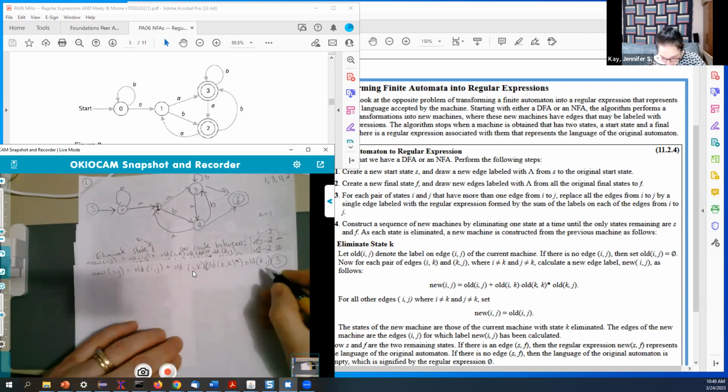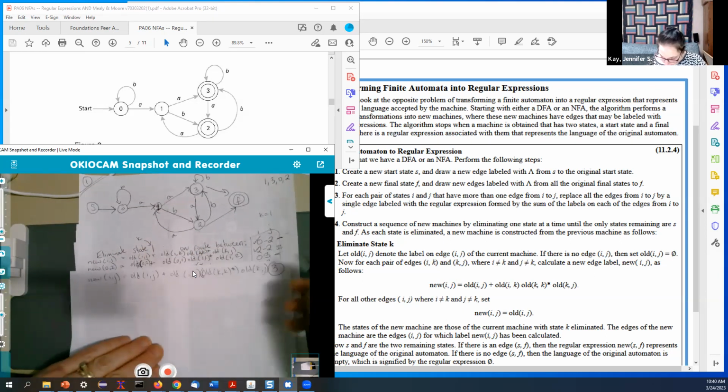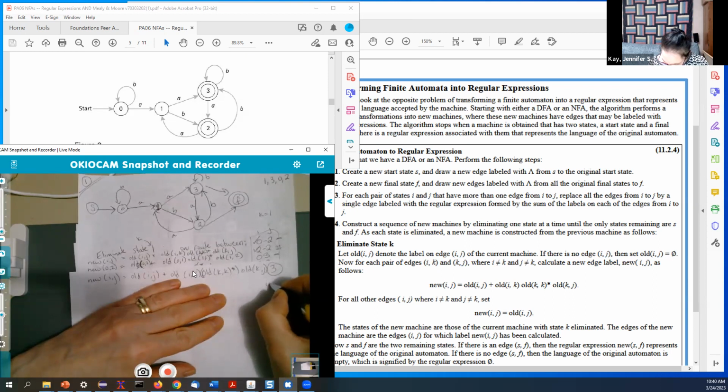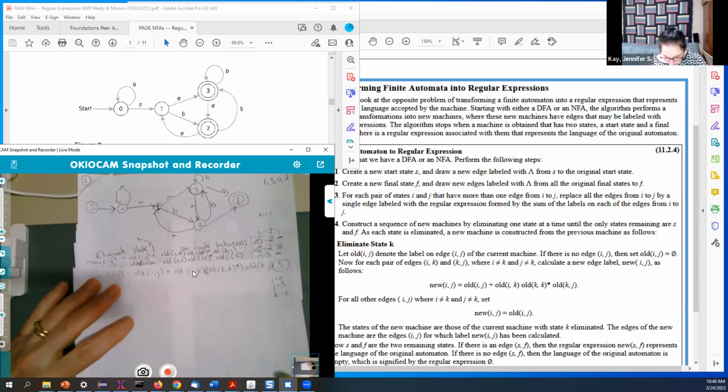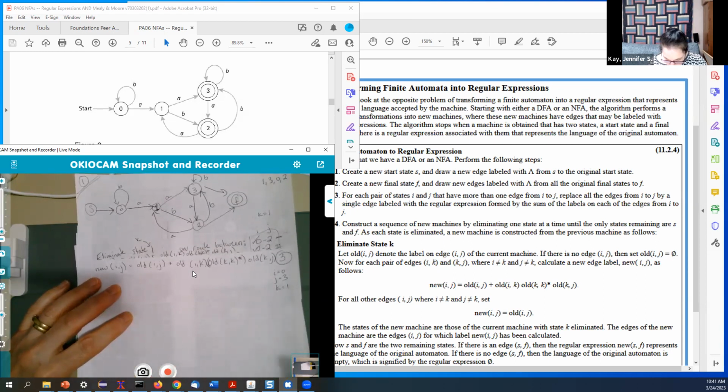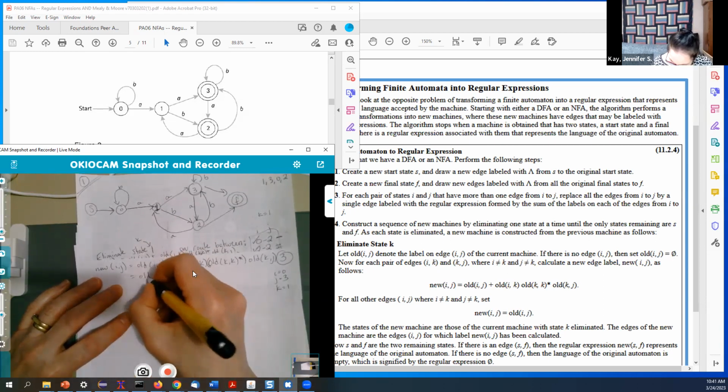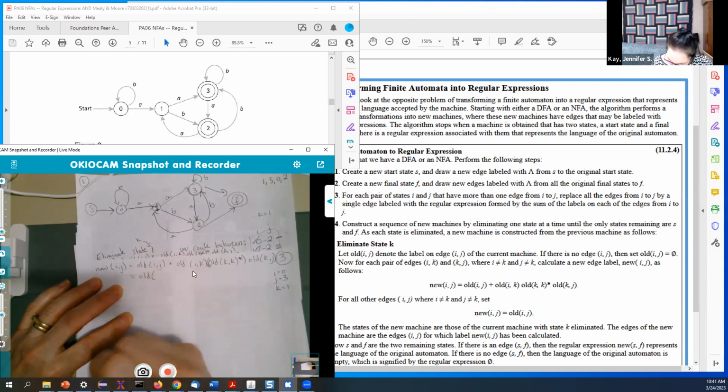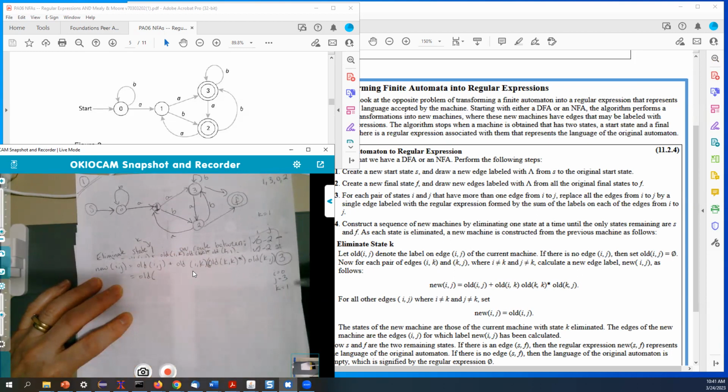And then we just make a note that in this case, we're trying to do 0 to 3. So I is 0, j is 3, and we're eliminating state 1. So that's k. All right. So, oh, wonderful, helpful student. What is old i to j? I'm going to rewrite that as the old what to what? 0 to 3. Mm-hmm.